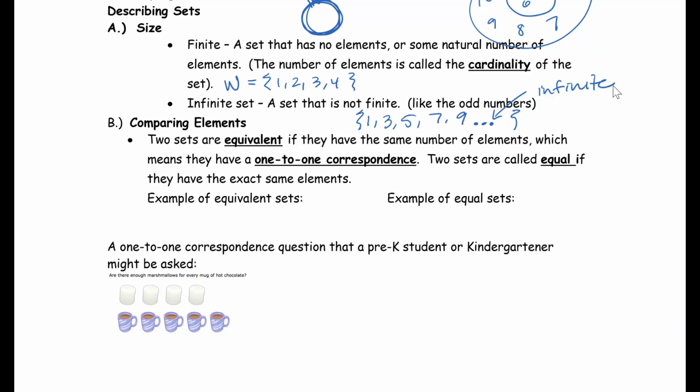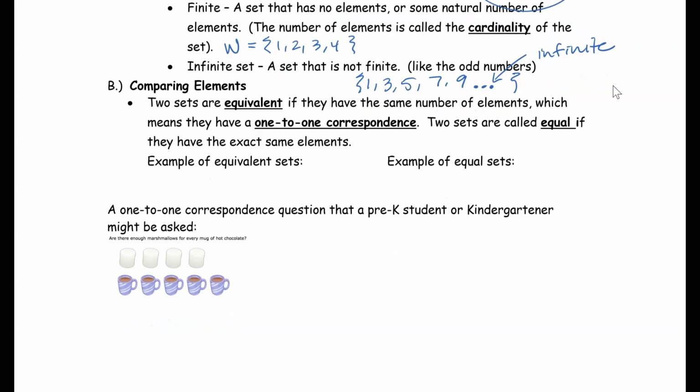Okay. The other thing that we can do with sets is describe them as either equivalent or equal. Let's do an example of that, and then I'll talk about one-to-one correspondence. Equivalent sets have the same number of elements, but they don't necessarily have to be the same.